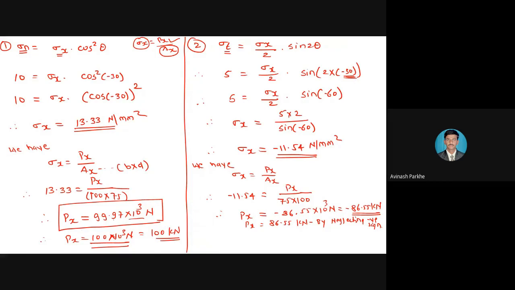Now we are having the two answers. One is 99.97 into 10 raised to 3 or 100 kilonewton, and the other answer is 86.55. Out of that, which will be your safe load, 100 kilonewton or 86.55 kilonewton? Minimum value of load is safe or maximum value of the load is safe?